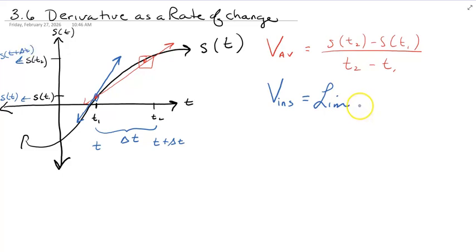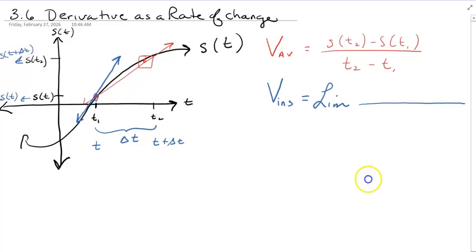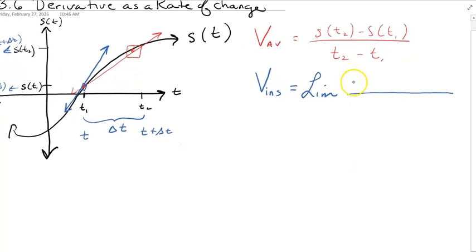From there, I can certainly apply my limit definition and say, okay, it is going to be s of t plus delta t, my second position, minus the first. And if you think about it, t plus delta t minus t, if you do all that, you are going to end up with simply delta t, as delta t, because that is my new h, goes to 0.